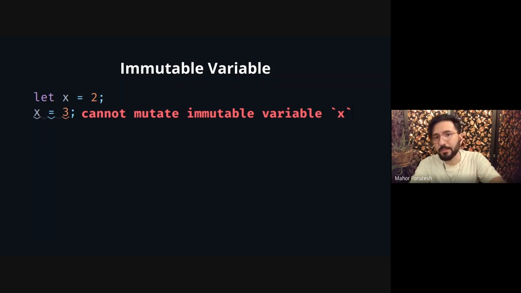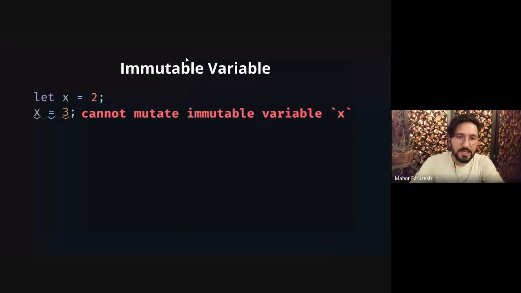So this is an immutable variable. Immutable means you cannot change it. You will receive a compilation error. So in Rust, everything is immutable, every variable, and this makes reasoning about the code much easier.